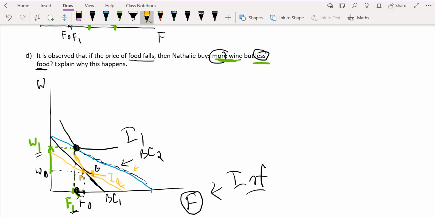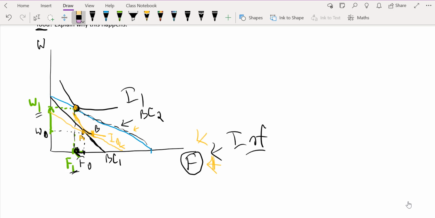So that income effect is going to go leftwards. It apparently takes the optimal point to the left of point B, because for Natalie food is an inferior good. So that's going to be a movement to this point right here, with higher wine consumption and less food consumption.